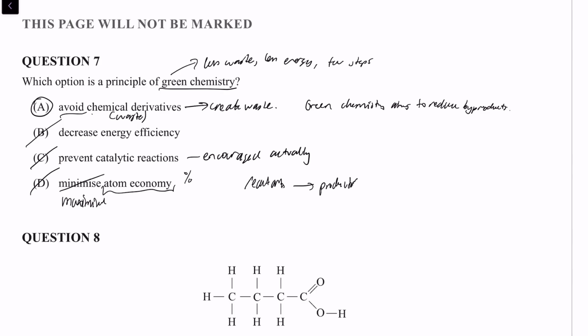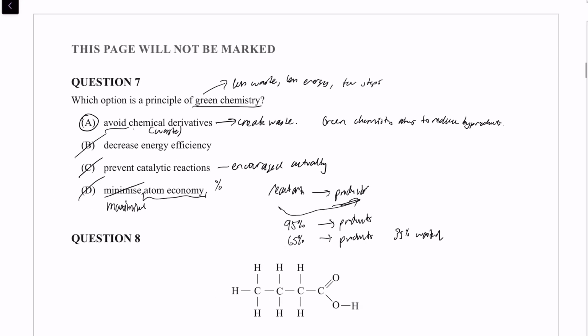We've lost a lot that isn't useful, like byproducts or waste products. But if we maximize atom economy to say 95%, then that's really good because that means 95% of the reactants actually went into making the products, as opposed to say 65% going to the products. So that 35% is just wasted, it's useless for this reaction.